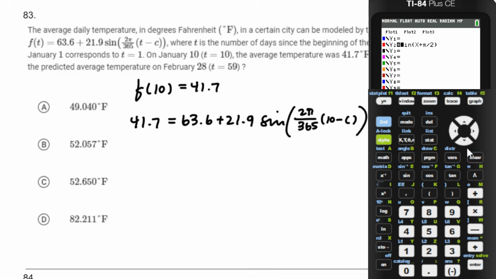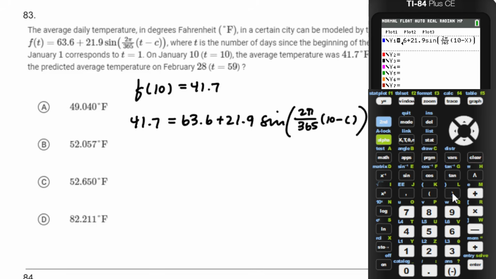I'm going to find the zero of a related function. So I'm going to do 63.6 plus 21.9 times the sine, in radian mode, of, okay, I'm going to call for the fraction bar because there's kind of a lot of drama in this equation, 2 pi over 365 times, nope, t was 10 minus c, and that's the thing we're solving for, so that's the variable.